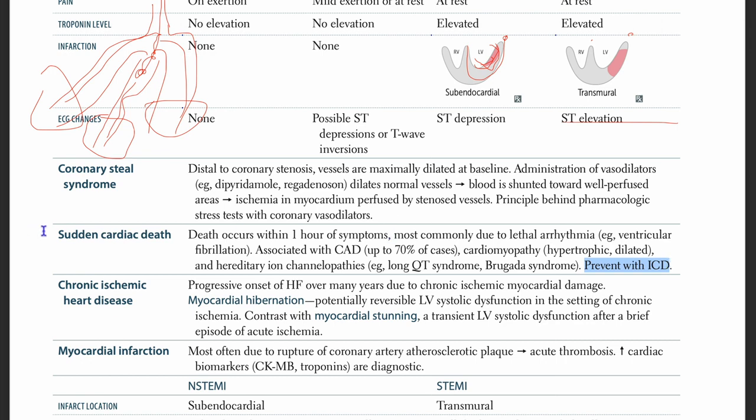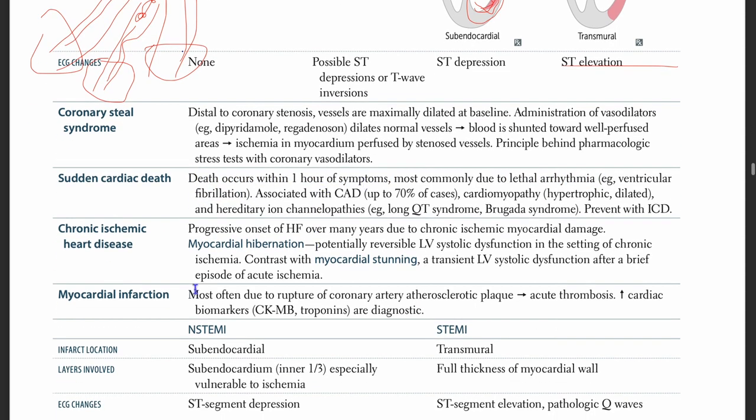Okay, so what comprises sudden cardiac death? It's when death occurs within 1 hour of symptoms, and it's mostly due to lethal arrhythmia like ventricular fibrillation. It's associated with CAD.